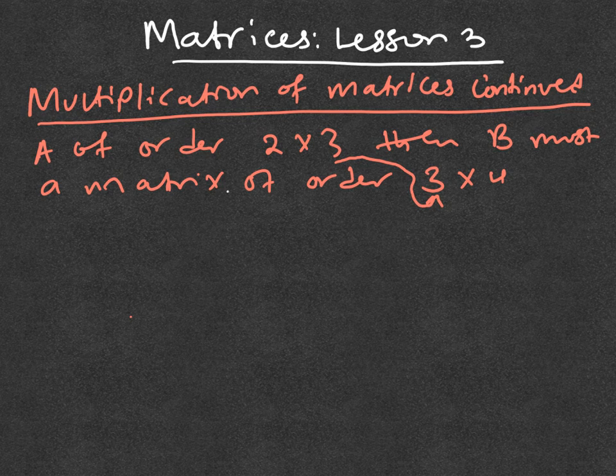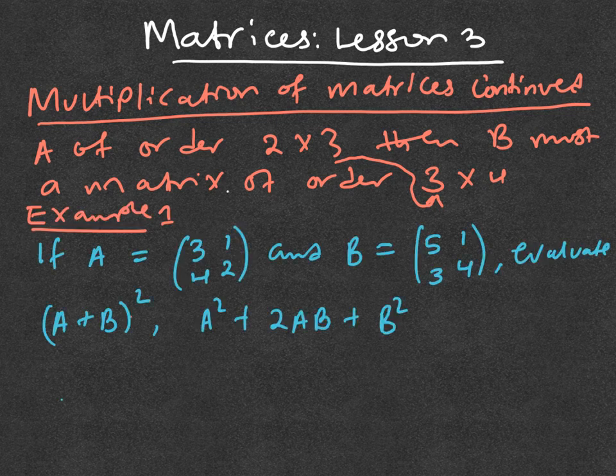Let's see one more example, and then we move to something different. Let's look at this example. They are giving us two matrices. There is matrix A, which has order 2 by 2, and there is matrix B, of the same order 2 by 2.